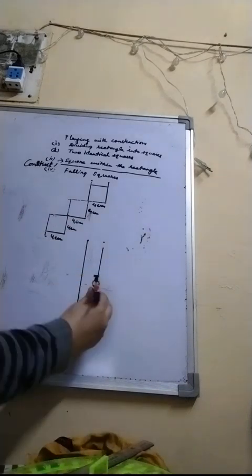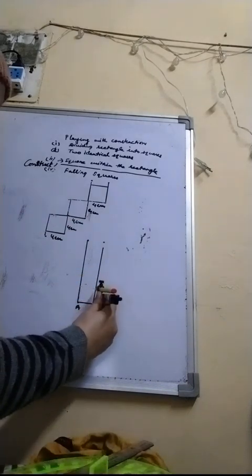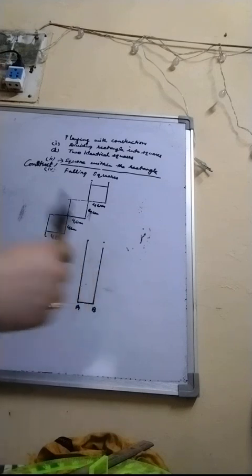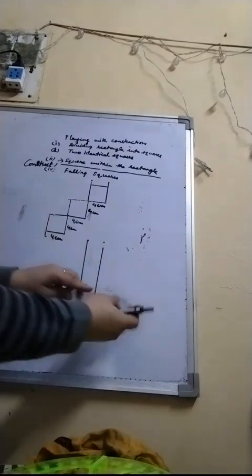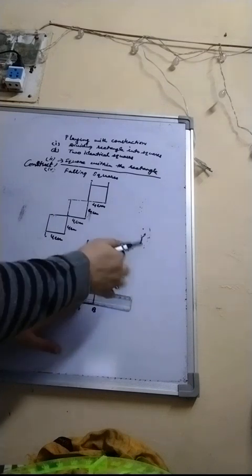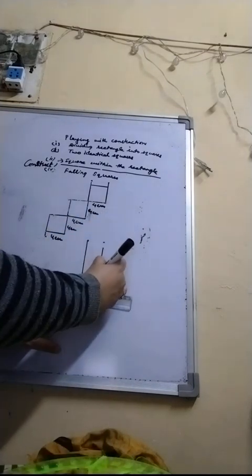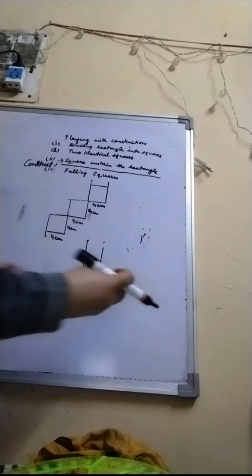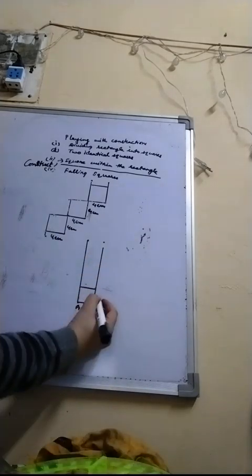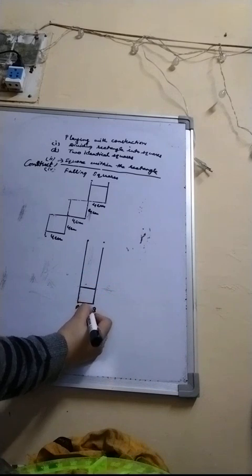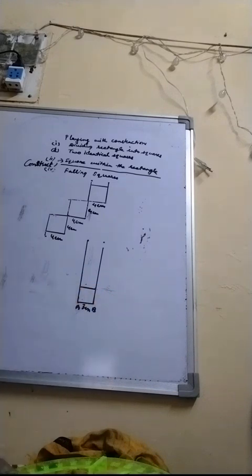Cut an arc of 3 centimeter here again, and you would get the first square. Now the first square is of 3 centimeter. Remember this.